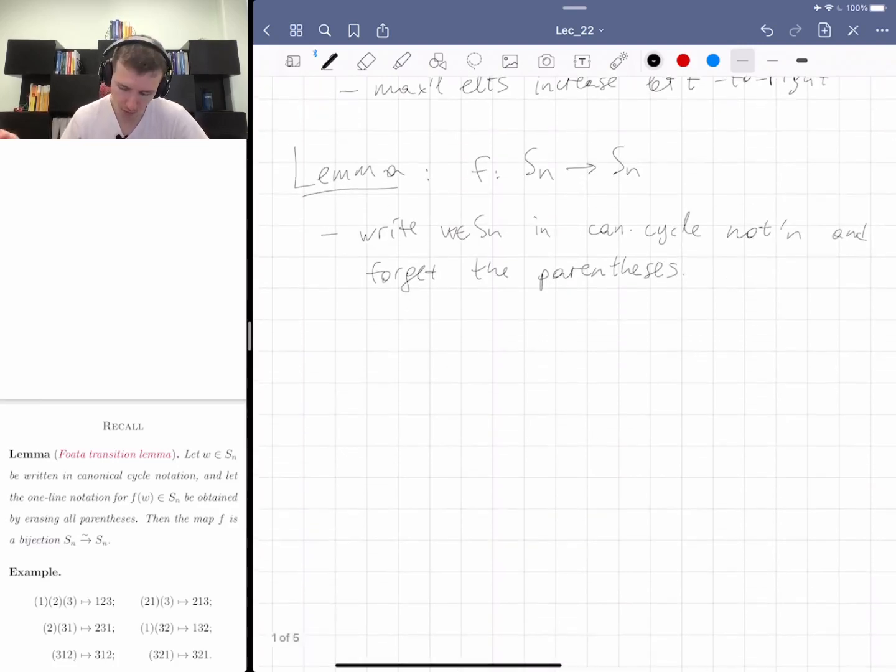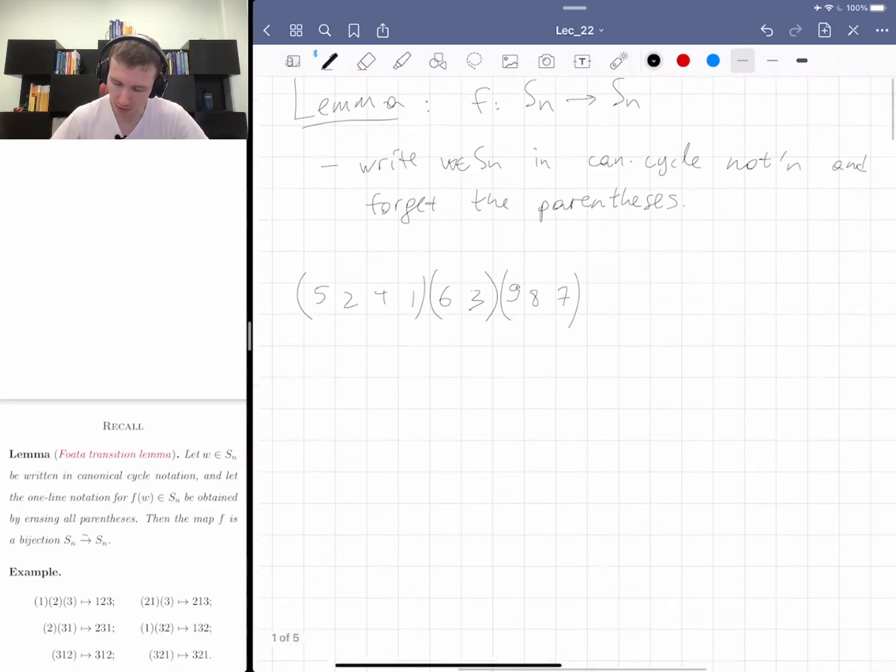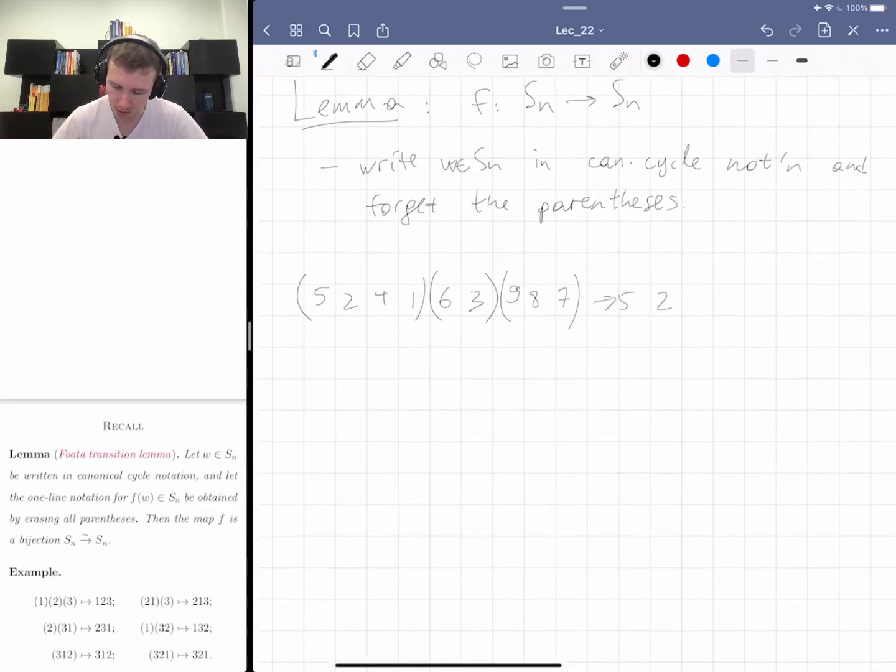So if you have cycles 5, 2, 4, 1, 6, 3, maybe 9, 8, 7, something like this, then you just forget the parentheses, and you get a permutation in one line notation 6, 3, 9, 8, 7. So if this is W, then this is f of W. Just a very stupid map, which happens to work in the sense that it gives you a bijection.